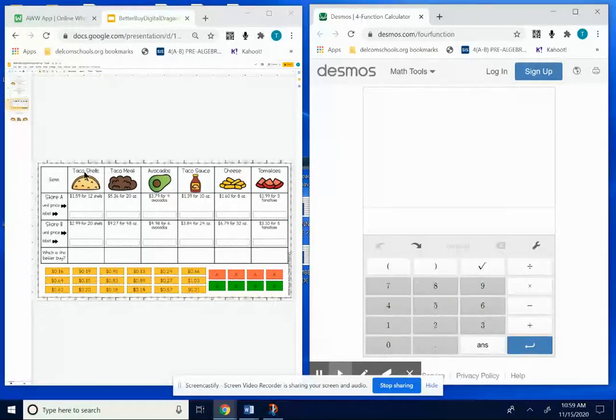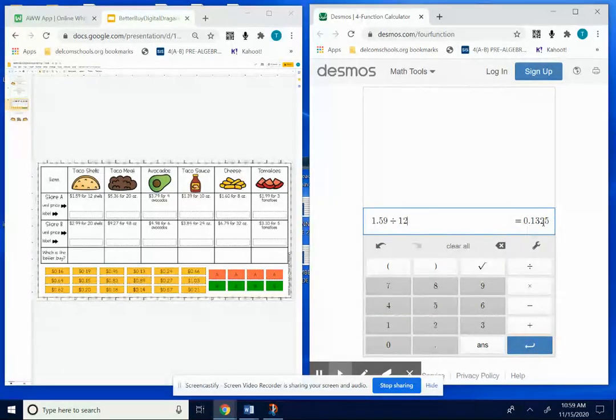You're buying taco shells, and they're $1.59 for 12 shells at store A. So if I want to know the price for one shell, I'm going to take $1.59. You can use a calculator because the decimal answers are pretty messy on these. You can take the $1.59 divided by 12.